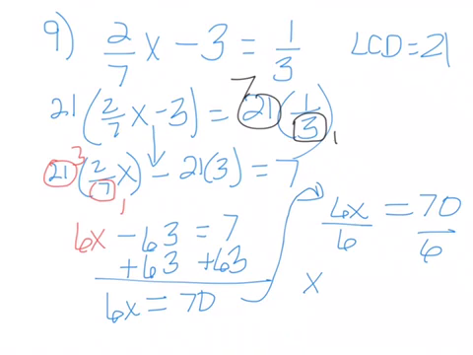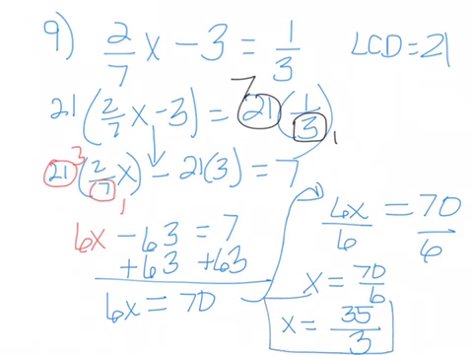So x is equal to 70/6. Do either one of those have a common factor? If you're thinking 2, you would be right. 70 divided by 2 is 35. And 6 divided by 2 is 3. And there's that answer.